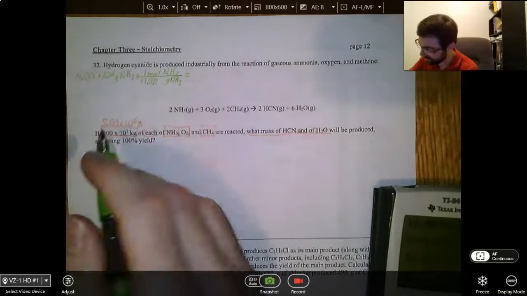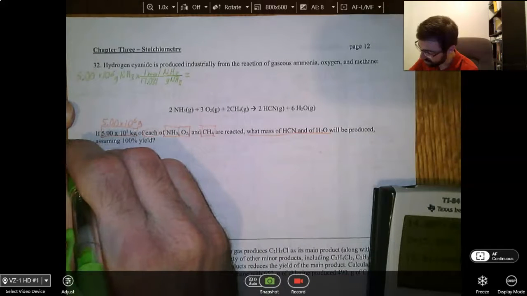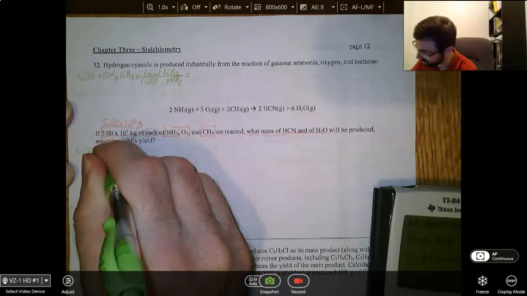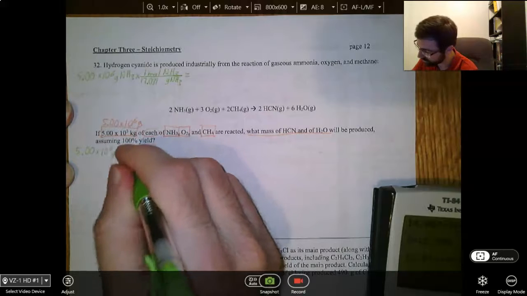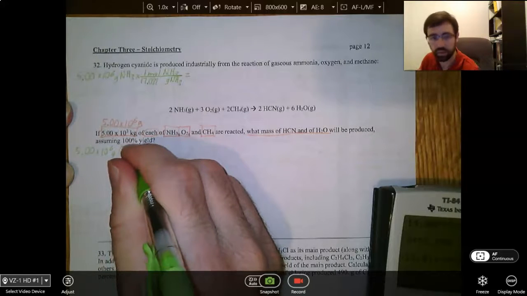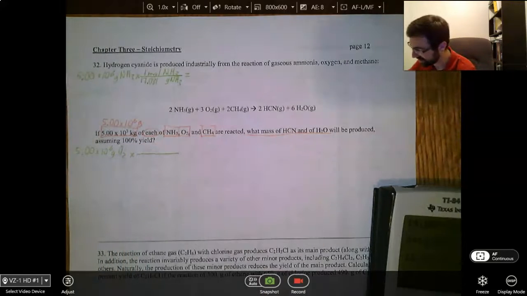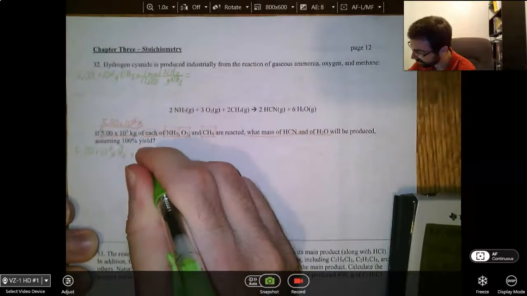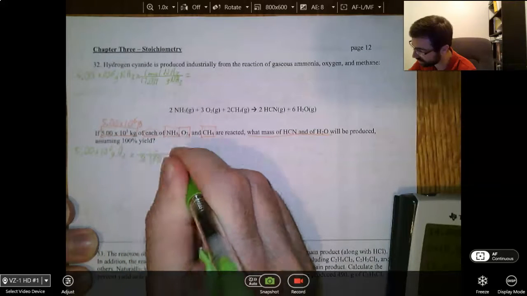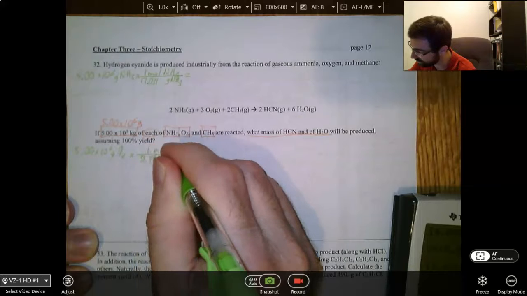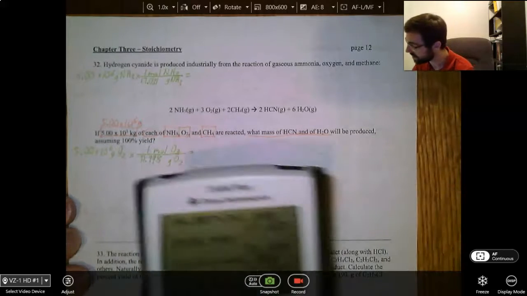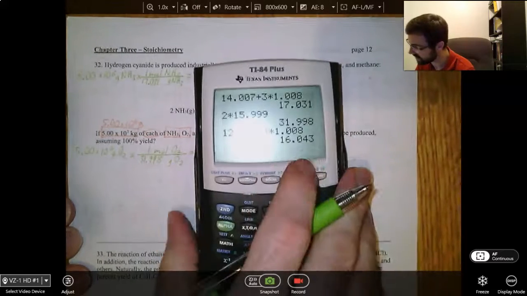So I also have 5.00 times 10 to the 6th grams of O2. I should have probably planned that a little better before I got started, but I didn't, so we're just going to go with it. Okay, grams of O2, it's about 31.998 grams in 1 mole of O2. And then the last mass is for CH4, and it's 16.043.